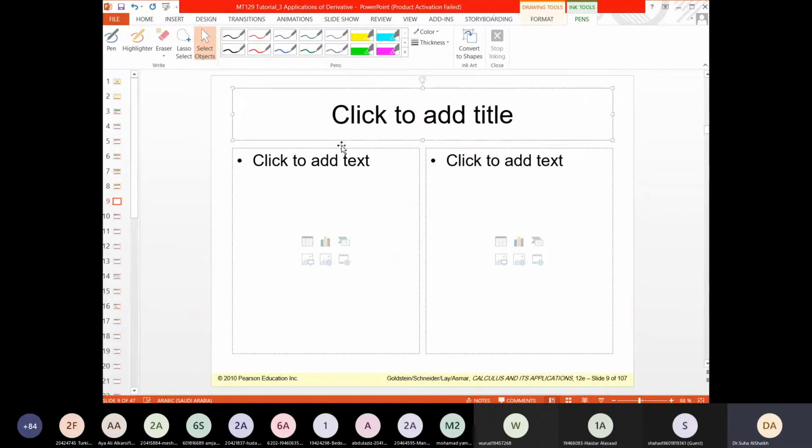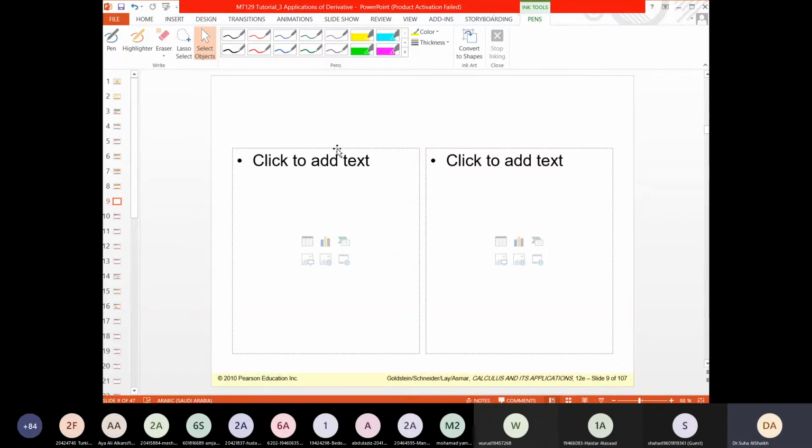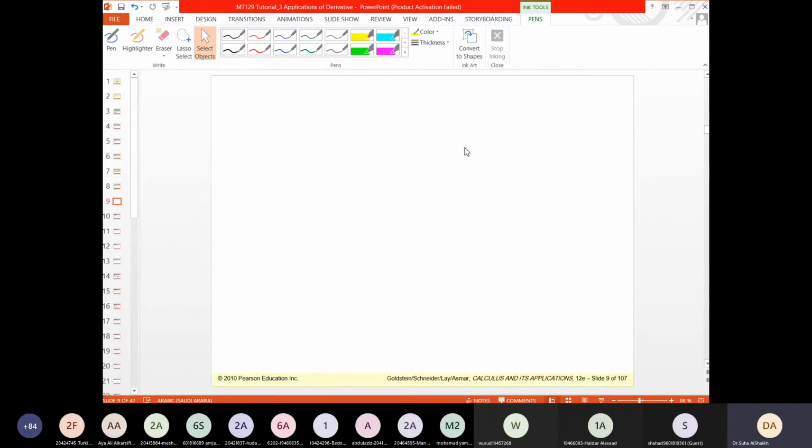I'm gonna summarize the things a little bit. Let me summarize the things. We said in the number 1, we have increasing and the decreasing of a function. Yeah?